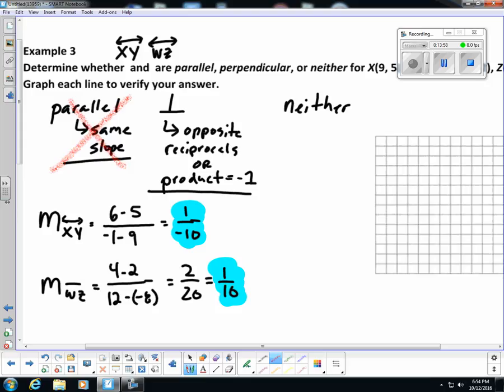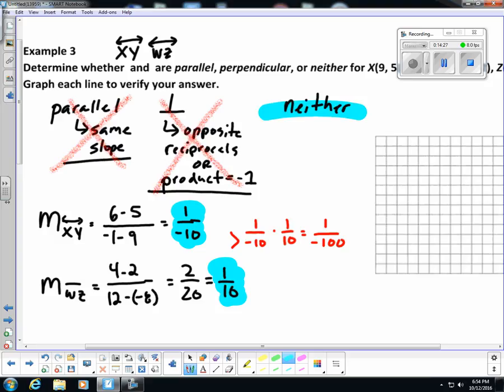No. If you want to double check, multiply the two slopes. Does your product equal -1? Well, let's check it out. 1 over -10 times 1 over 10 equals 1 over -100. That's not -1. So they're not perpendicular. So they're what we call neither.